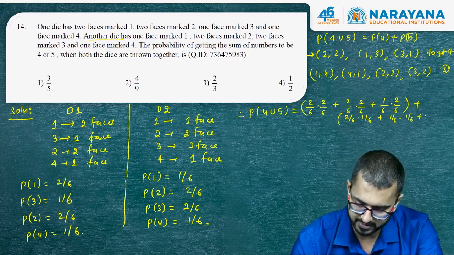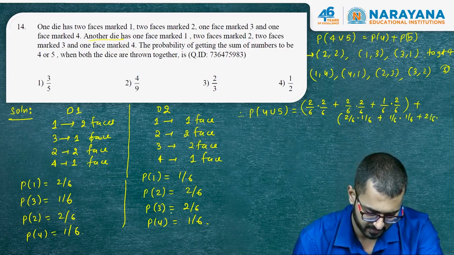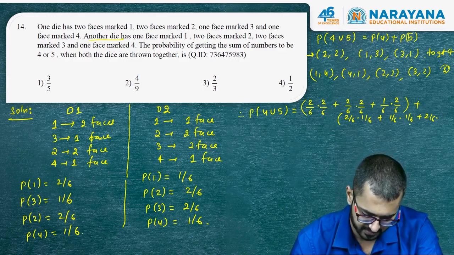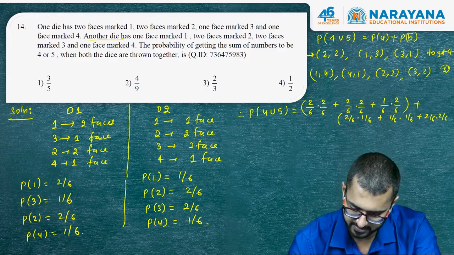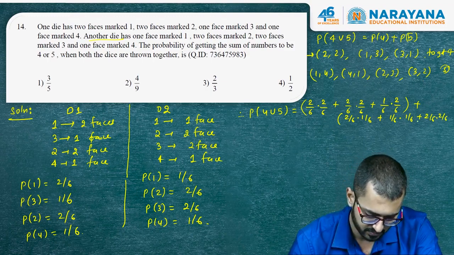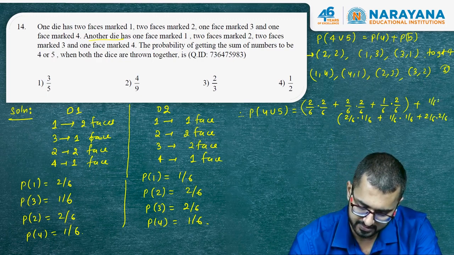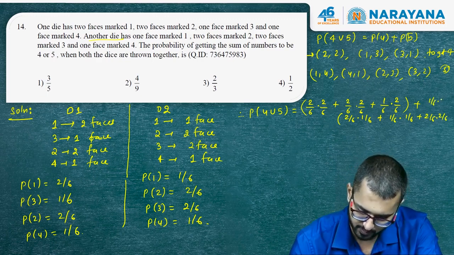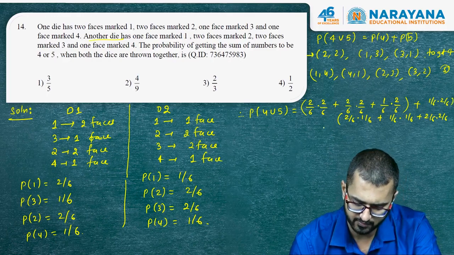For 2 we have 2 by 6 and for 3 we also have 2 by 6, and then plus one more is 3 2. For 3 it's 1 by 6 and for the second one it is 2 by 6. So we just now have to add all of them.